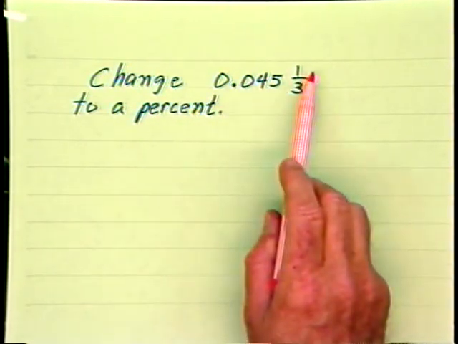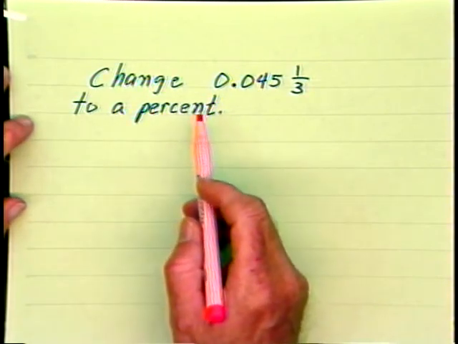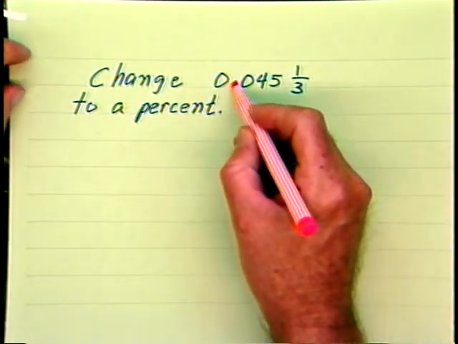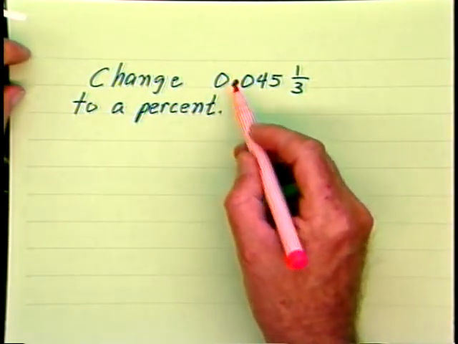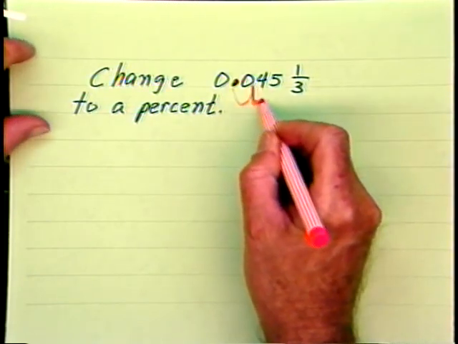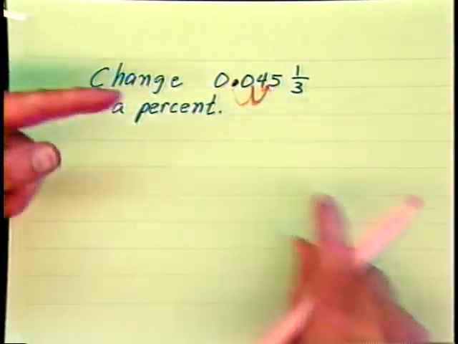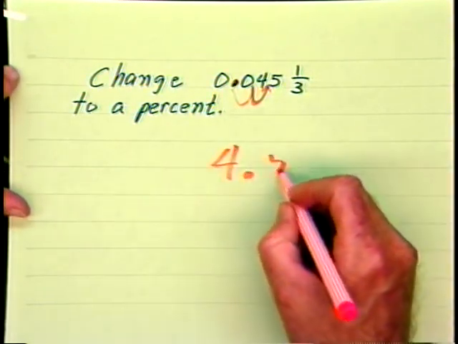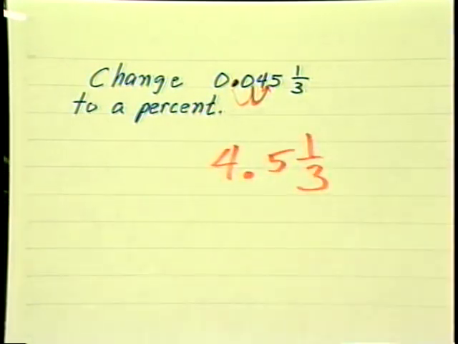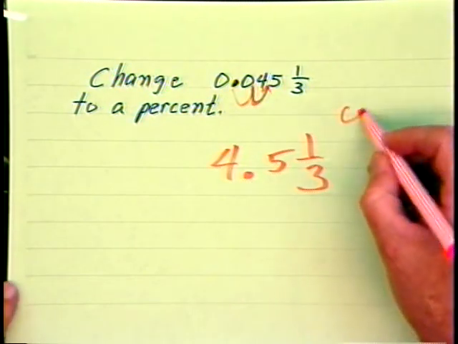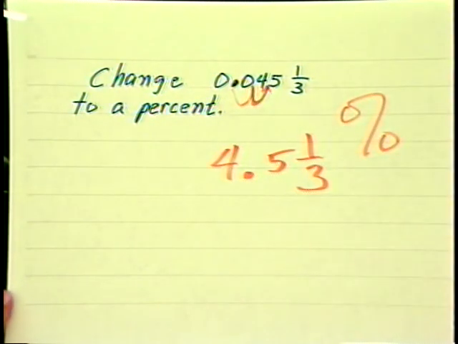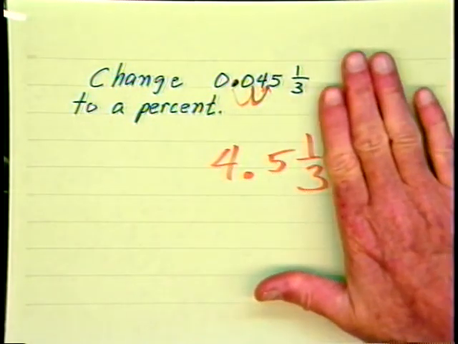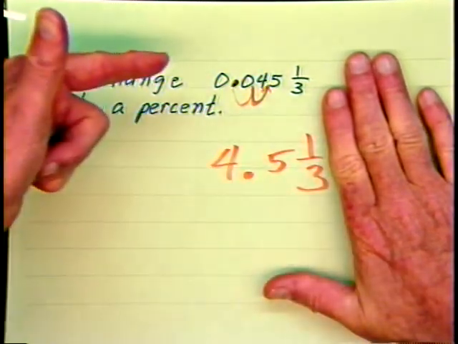So if we have a decimal with a fraction, we wish to change it to a percent. First you find the decimal point, and you move it 2 places towards or to the percent, and where it ends up, it ends up. And then, of course, stick that percent sign on. If I didn't have this, this would not be equal to that.